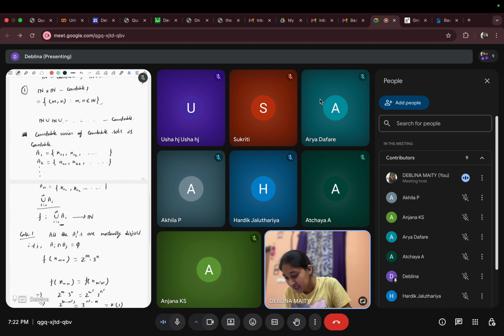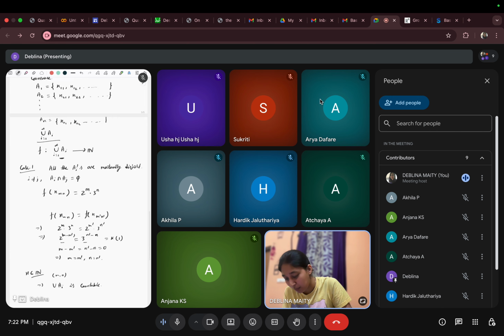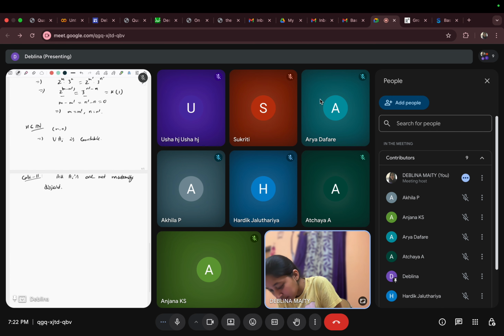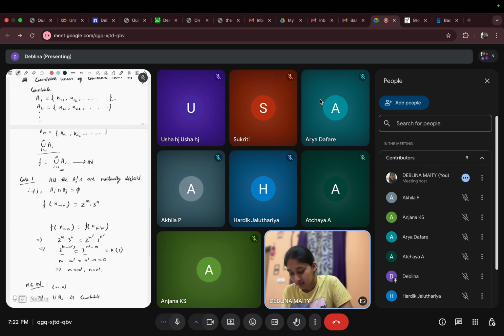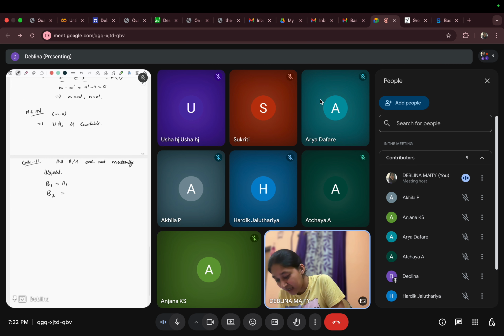So these are the AIs. First let's take B1 to be A1, and then we will take B2 to be A2 minus A1, and then B3 is what?